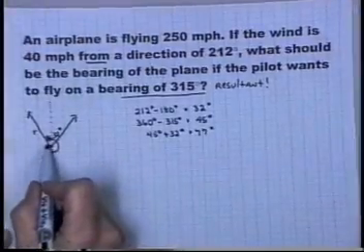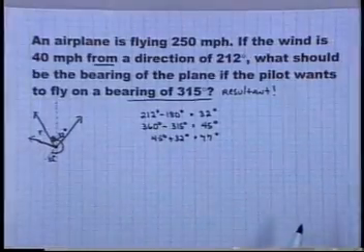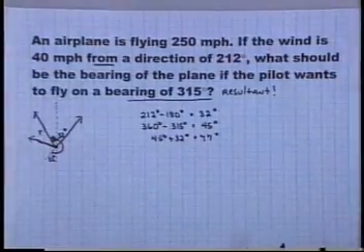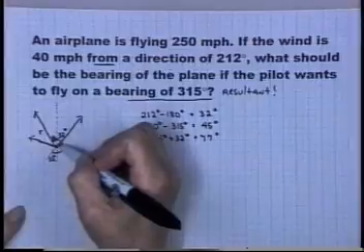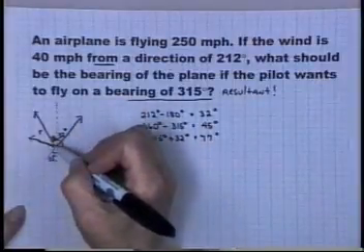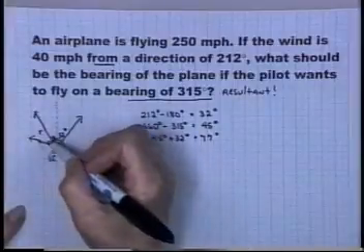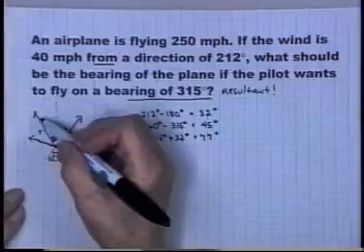We need to be going over here somewhere. Let's see if we can figure out something about that vector. If we take the wind vector and this initial direction of our airplane and complete a parallelogram, this will be the diagonal of that parallelogram.